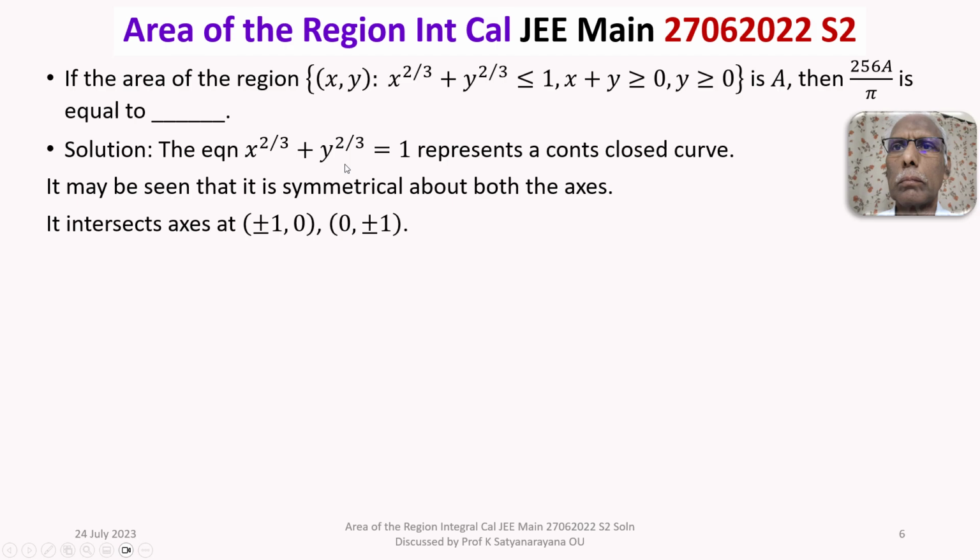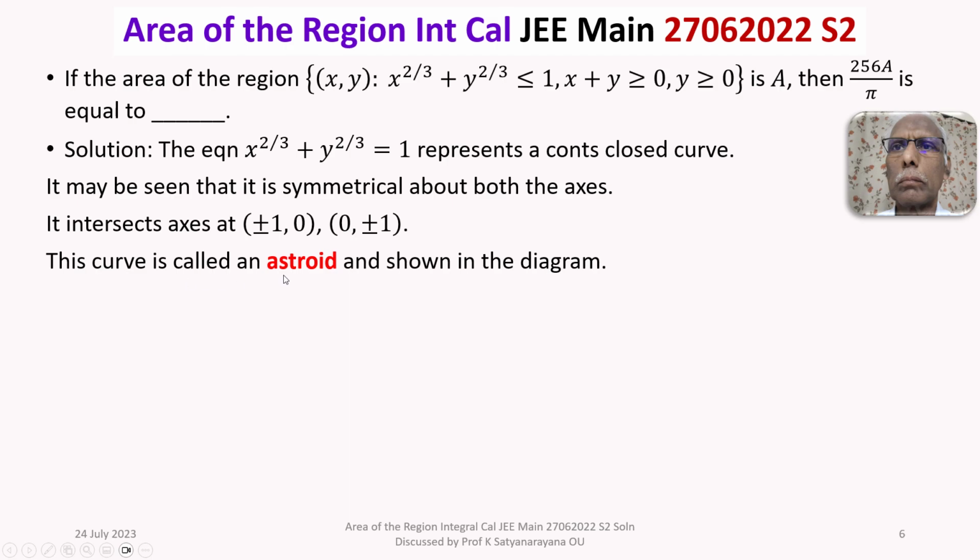This intersects the x-axis at the points plus or minus 1, 0 and the y-axis at the points 0, plus or minus 1. And this curve is famously known as an asteroid.